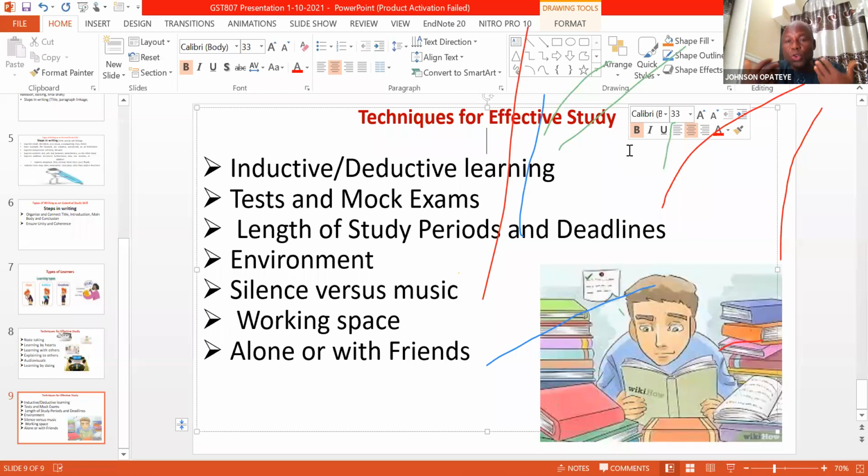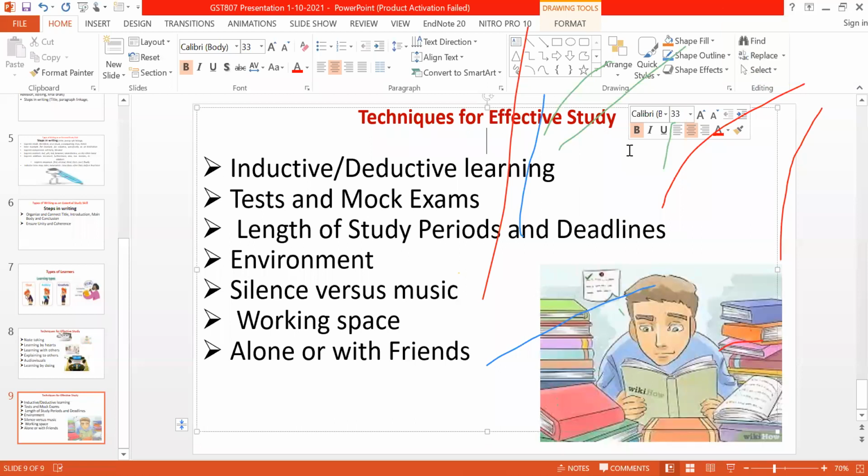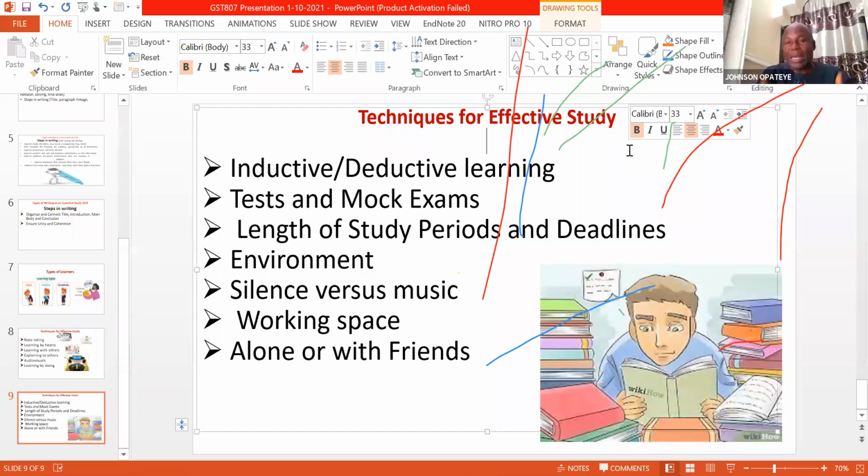So it behoves you as a learner to choose which one is best for you. But as you ask for a recommendation, as a doctor I want to prescribe to you: don't use only one learning style. Maximize as much as possible, to gain better. Thank you very much.